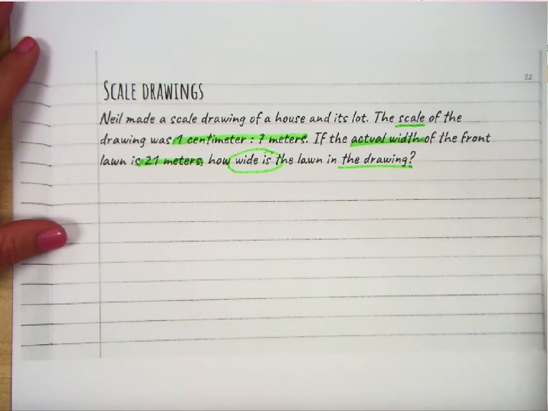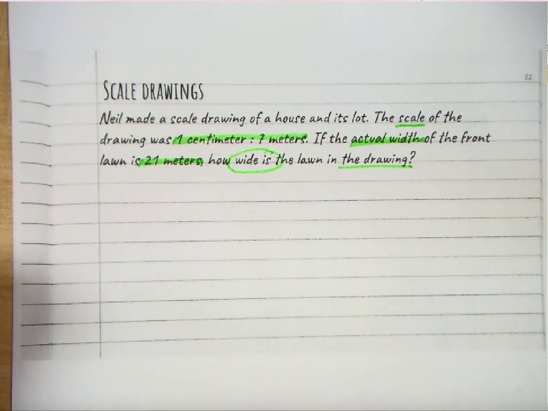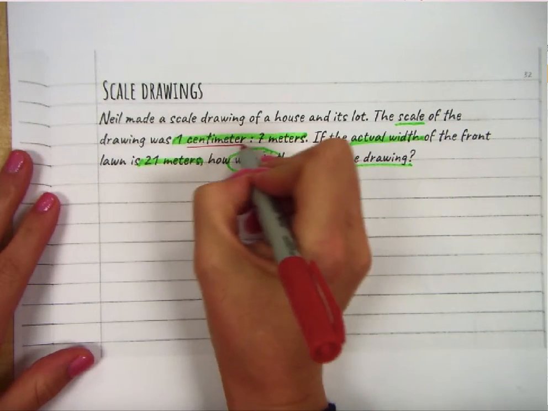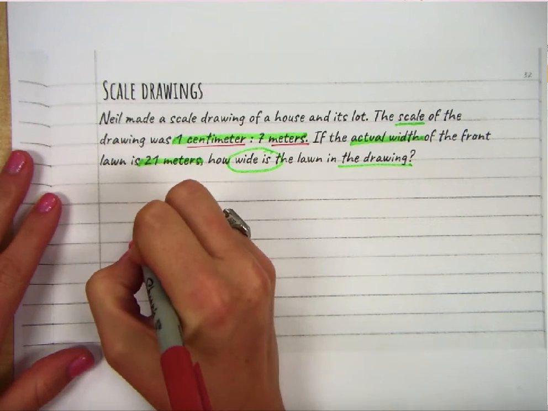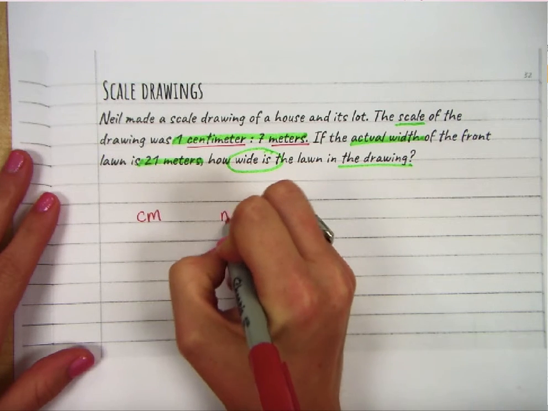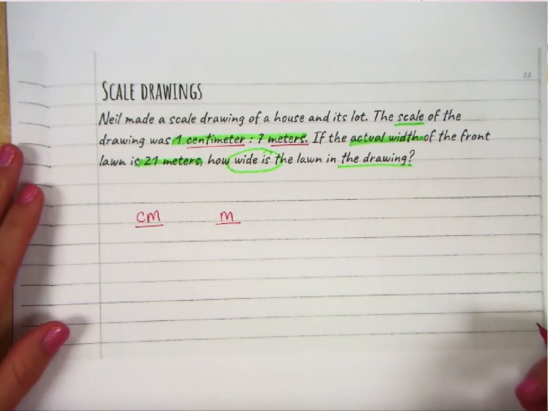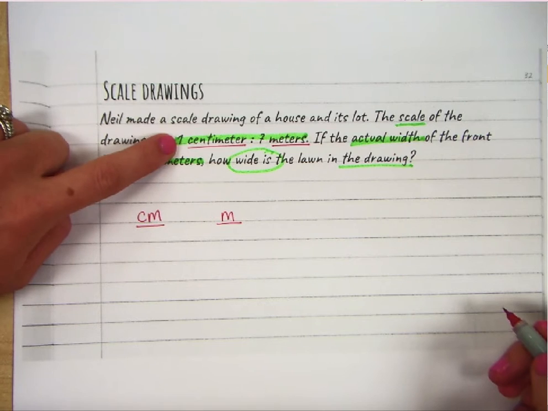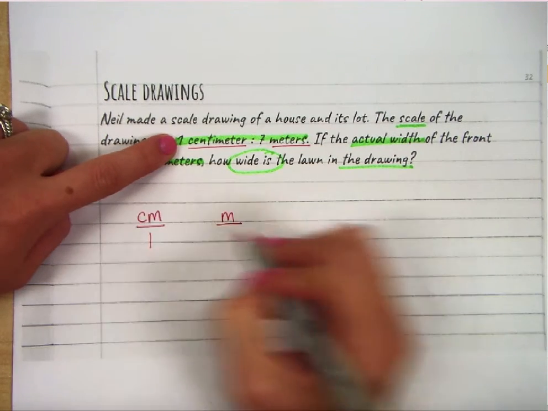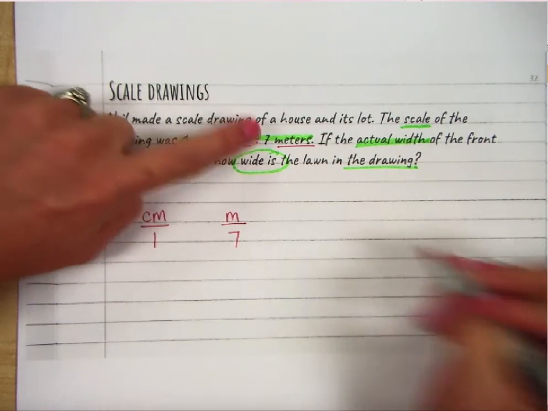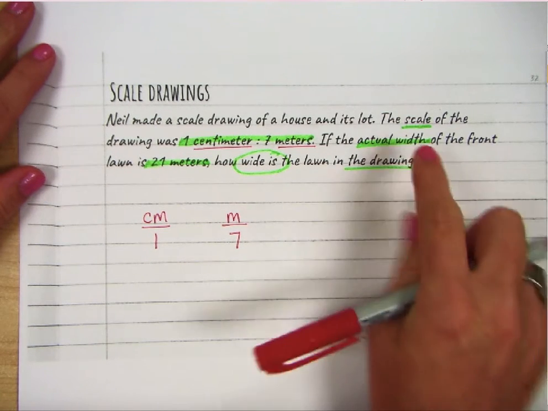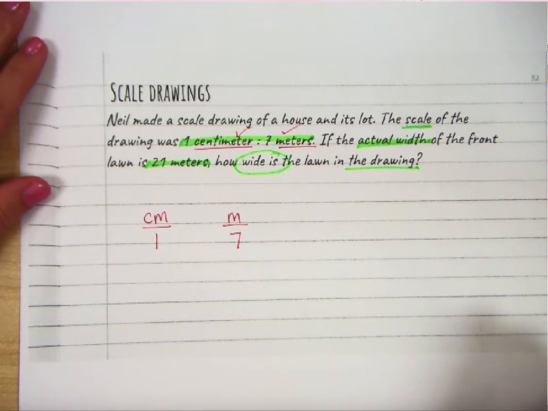Okay? So remember, for scale drawings, we're going to write down the units that we're comparing. So we're comparing centimeters and meters. So I'm going to say centimeters and meters. And I'm going to write down the value that goes with that. It's 1 centimeter and 7 meters. I'm going to put a check here because I've already written that down.